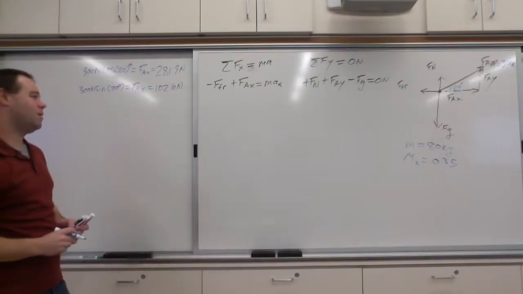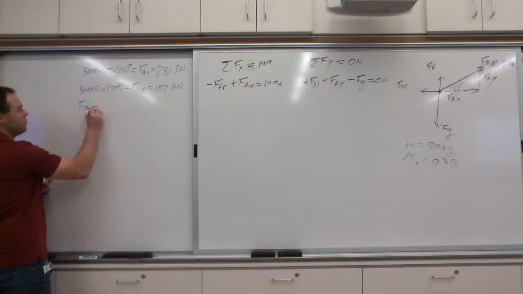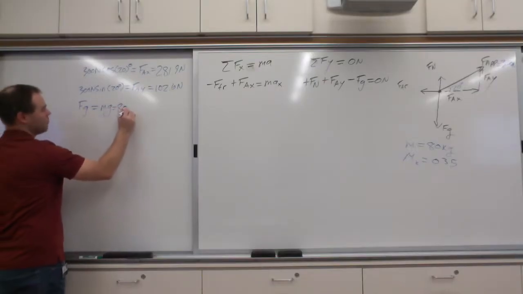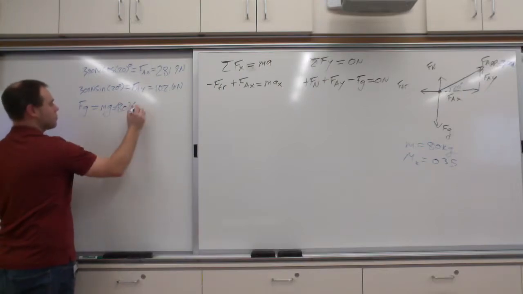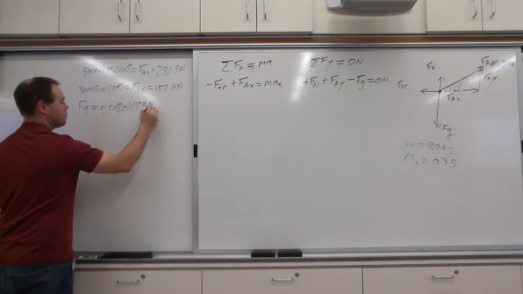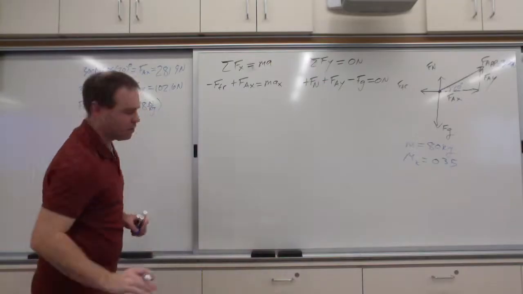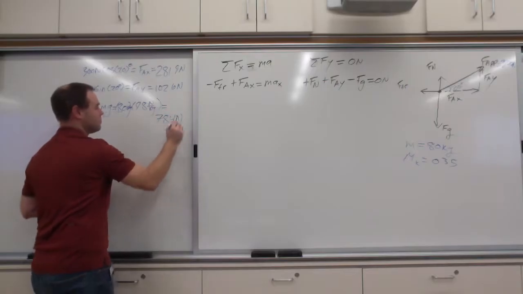We can also find force gravity. So let's see, force gravity we know is equal to mg. The combined mass is 80 kilograms. We know that the gravitational field strength is 9.8 newtons per kilogram on Earth, so we can multiply those two together, and we find that the force of gravity is 784 newtons.